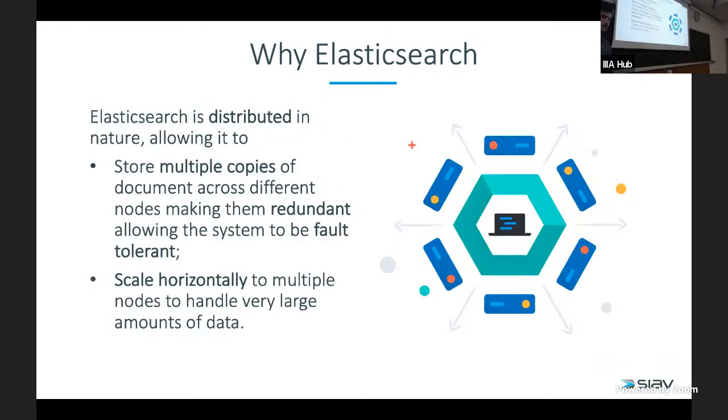The second big reason for choosing Elasticsearch is that it is a distributed system in nature. And we care about having a distributed system for two main reasons. The first one is that by using multiple nodes, you can store multiple copies of your documents across several nodes. And this is very relevant for us because by storing multiple copies of a document, we can make them redundant.